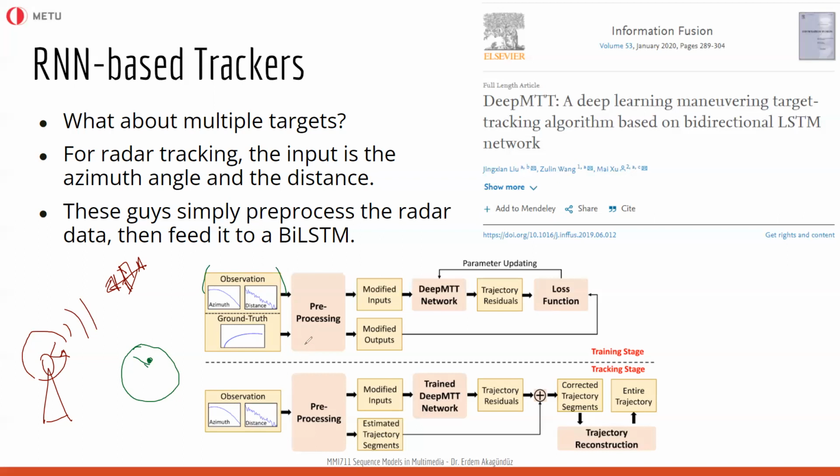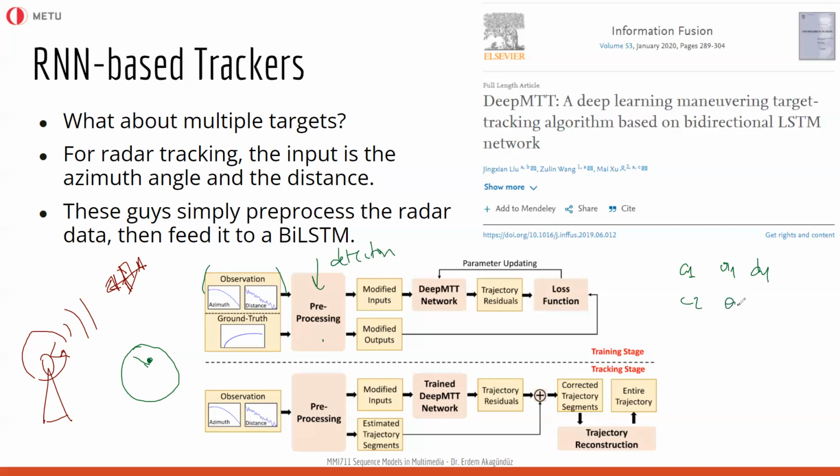From these observations, usually in radars, they do some sort of tracking, which is actually the detection part. And as a result of this detection, what these guys have in common in radars is some candidate targets and their locations. So candidate target 1 has a location, let's say azimuth 1, distance 1, because it's a spherical, circular coordinate plane.